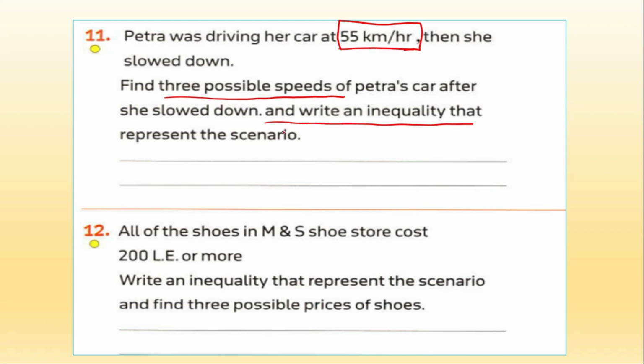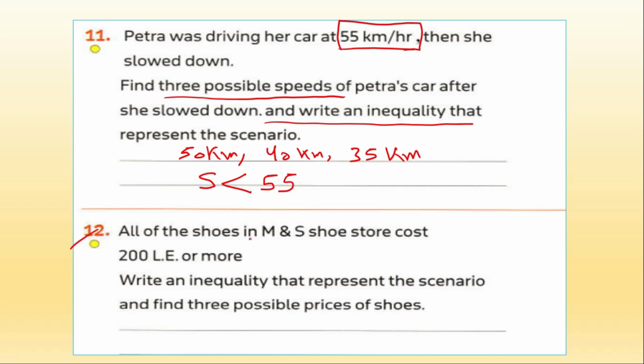We want 3 speeds less than 55. You may write 50 km/h, 40 km/h, 30 or 35, whatever, any speed less than 55. And the inequality will be the speed, like s smaller than 55.